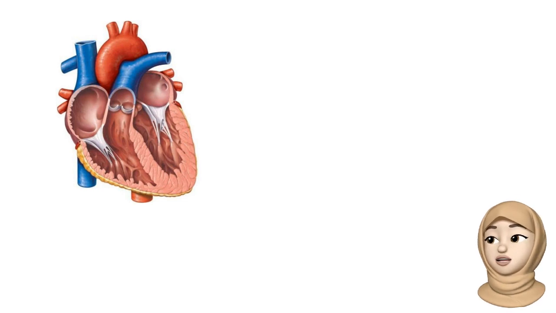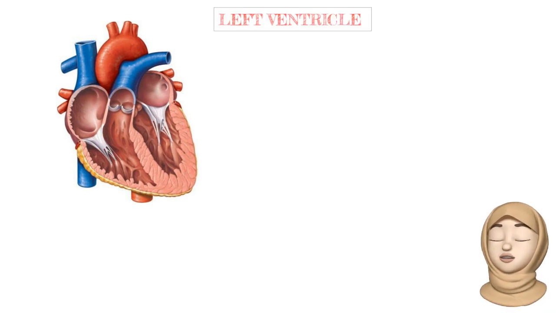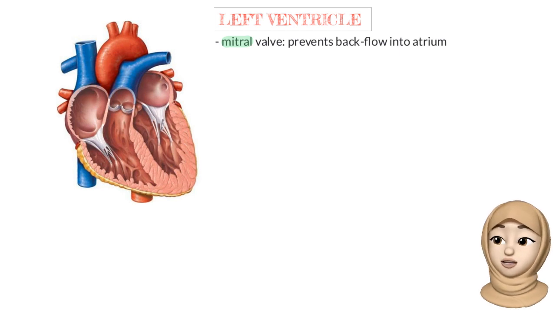The left atrium empties into the left ventricle through the mitral valve, which also prevents backflow into the atrium during ventricular contraction. The mitral valve leaflets attach to the anterior and posterior papillary muscles via the chordae tendineae.